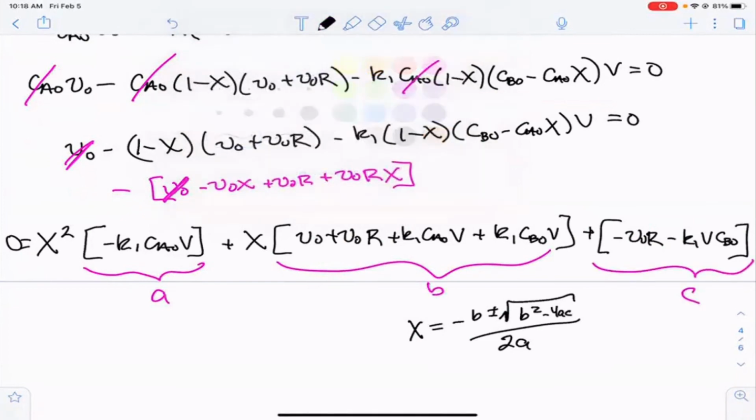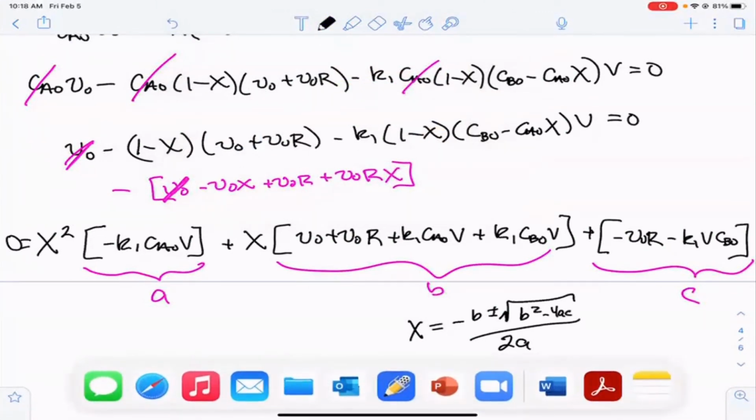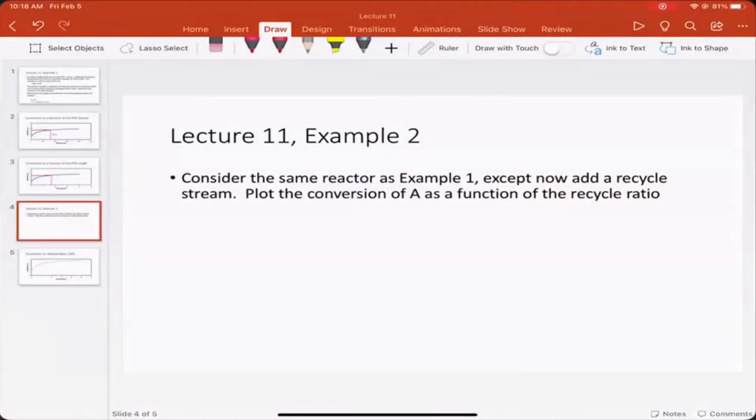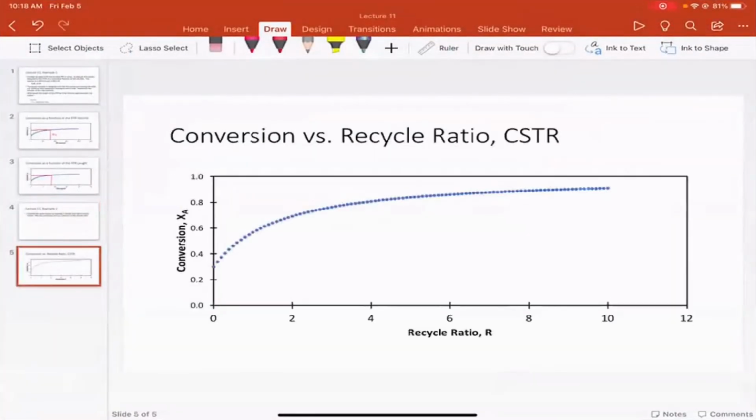Okay, and I just want to show you guys the result, because even though we've been going through the math, that isn't really the point. The point is to get to here, where we can change the recycle ratio, and as we increase it, the conversion goes up. So our little 12.5 liter batch reactor, or sorry, CSTR, was only able to achieve a conversion of 0.3 without recycle.